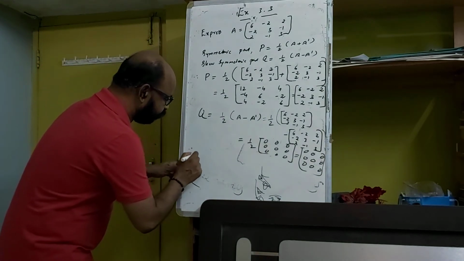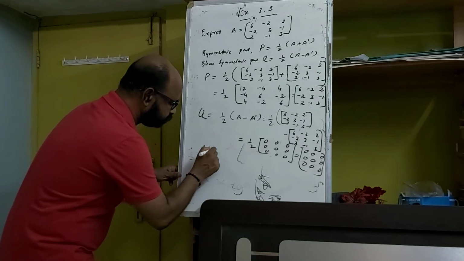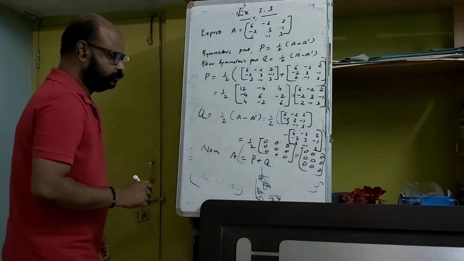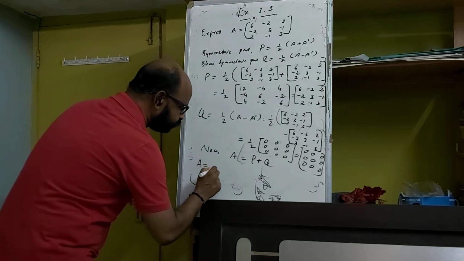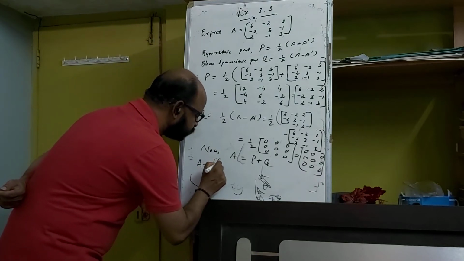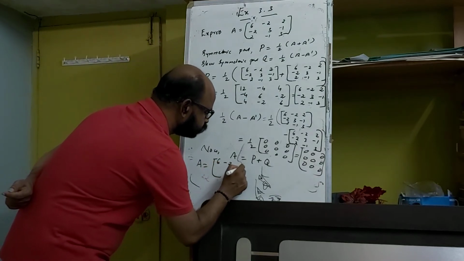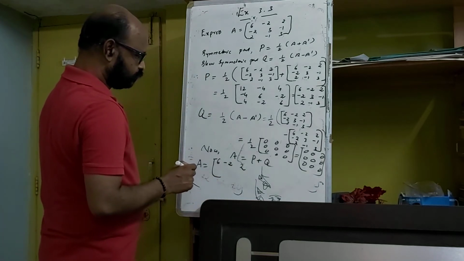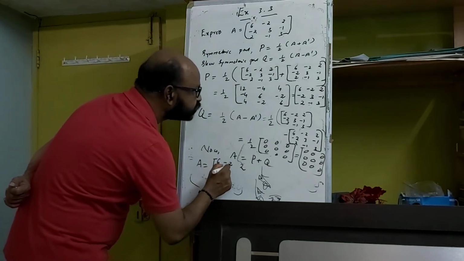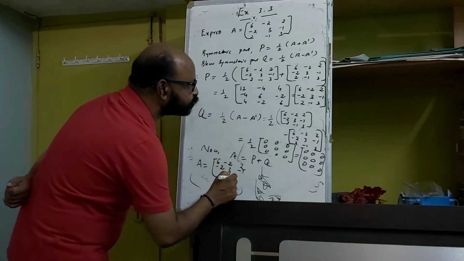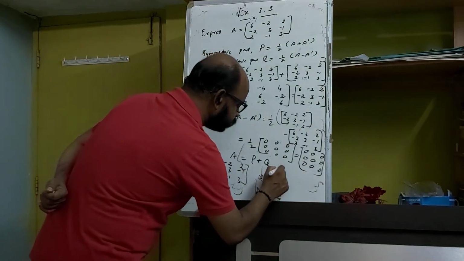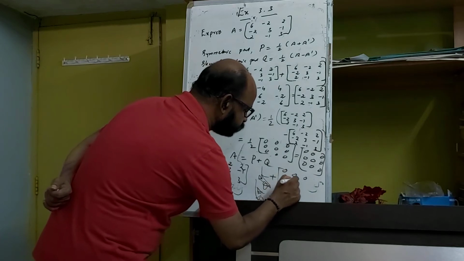Okay, therefore, now A equal to P plus Q. So A equal to matrix P, that is 6 minus 2 2, minus 2 3 minus 1, 2 minus 1 3, plus Q, the zero matrix, 0, 0, 0.